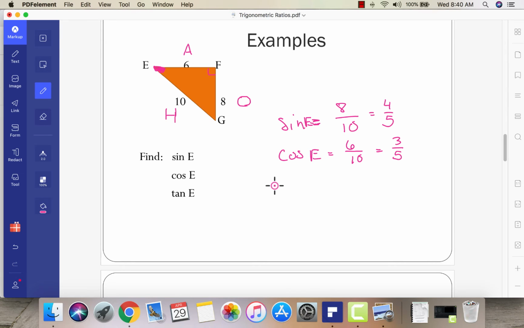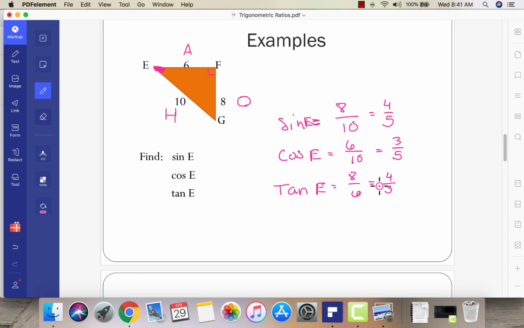And then our tangent of E equals opposite over adjacent. So it's going to be 8 over 6, and 8 over 6 reduces to 4 over 3.